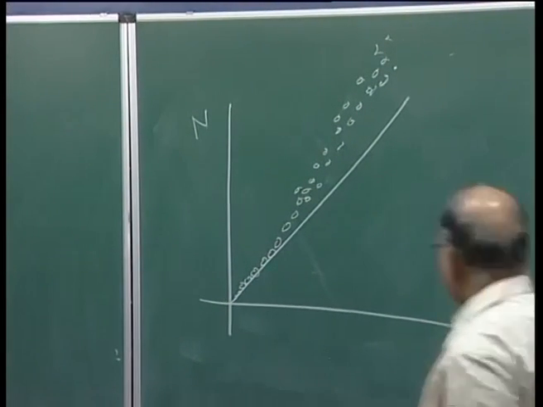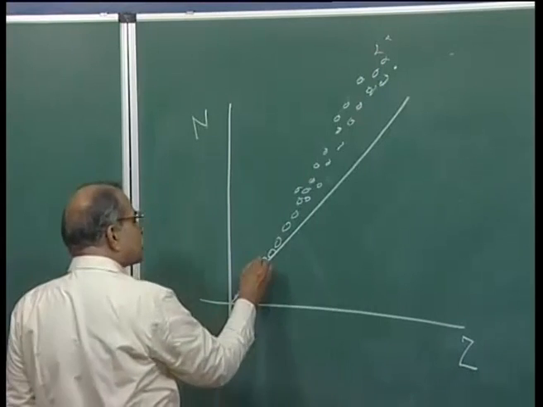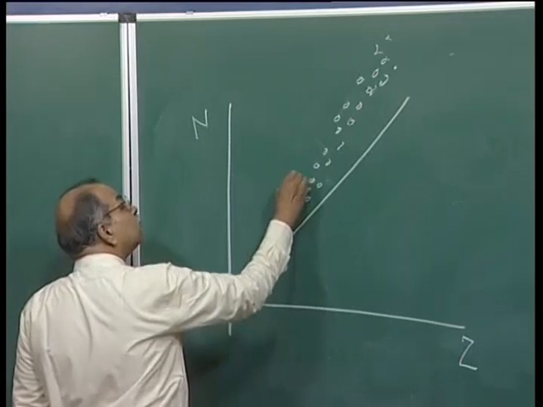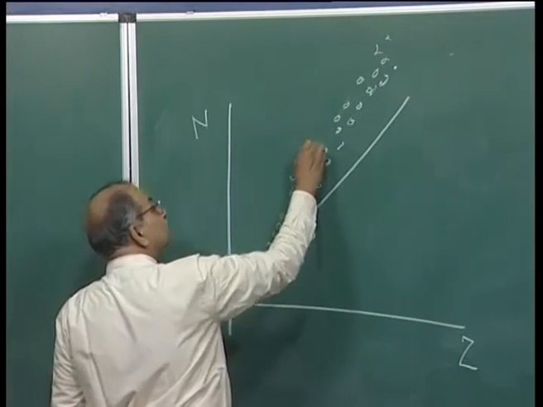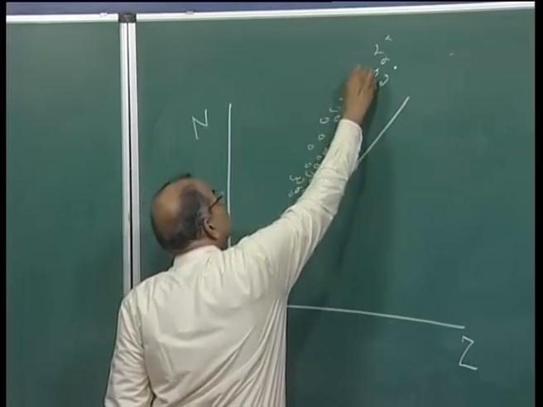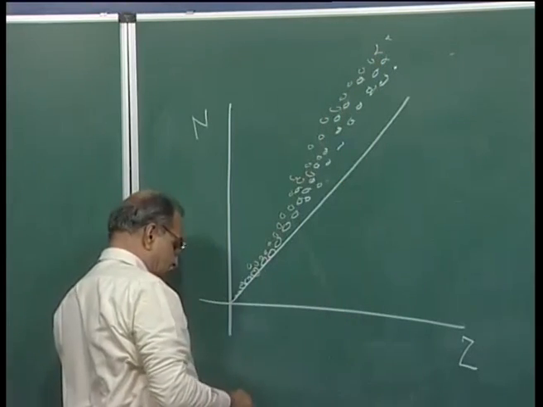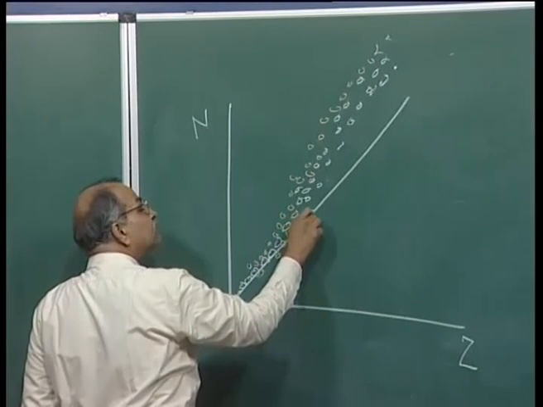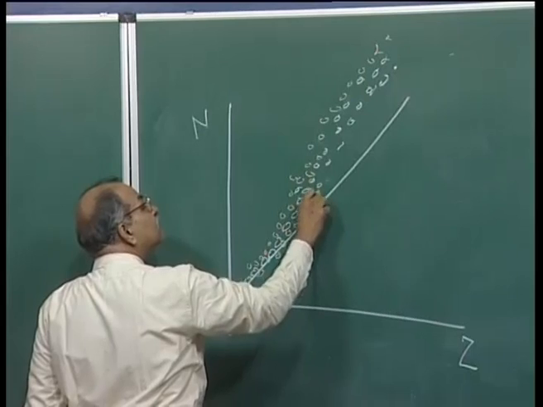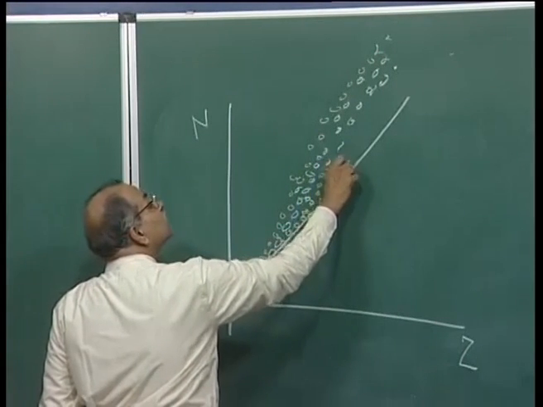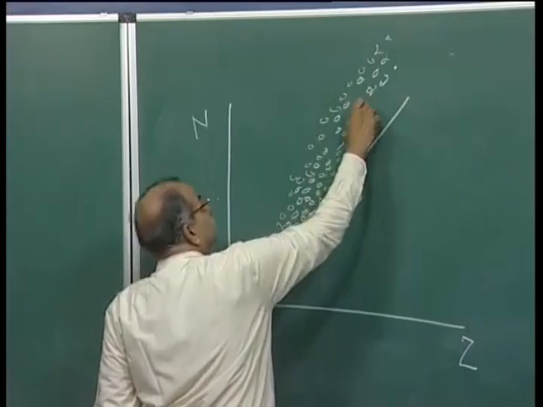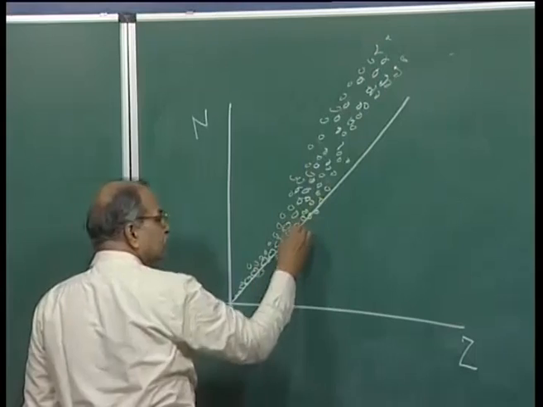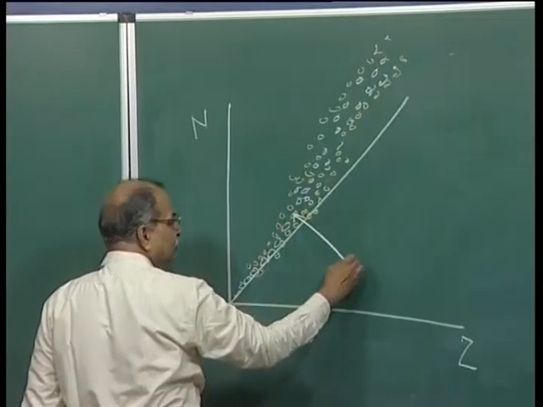And then you have nuclei on the two sides of it, like this. So, you have nuclei like this, and you also have nuclei like this somewhere here. Right. So, these white things correspond to stable nuclei.